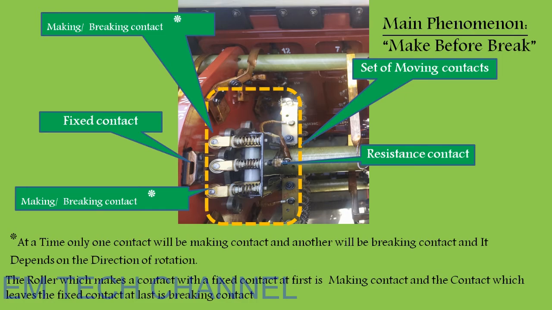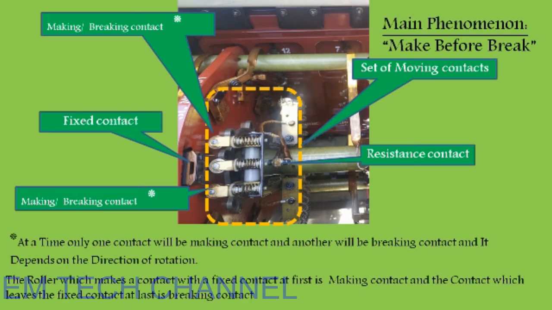What happens once I change: the roller at first in the moving contact will leave tap 1 and reach tap 2. Until the first roller reaches tap 2, the last roller will still remain in the previous tap, that is in the first tap itself, and the middle contact, that is the resistance contact, will be at the halfway mark.